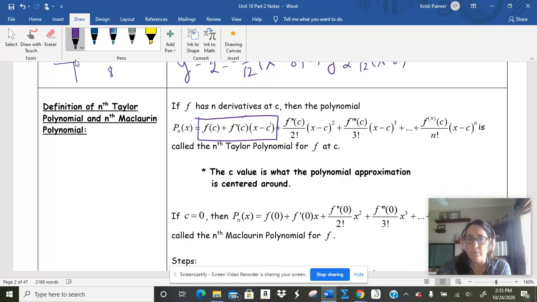If that's the second derivative, to the second power. If that's the third derivative, to the third power, etc. And then this is the part that might be like, what? You divide by, if you're on the second derivative, 2 factorial, the third derivative, 3 factorial. So the nth derivative, n factorial.